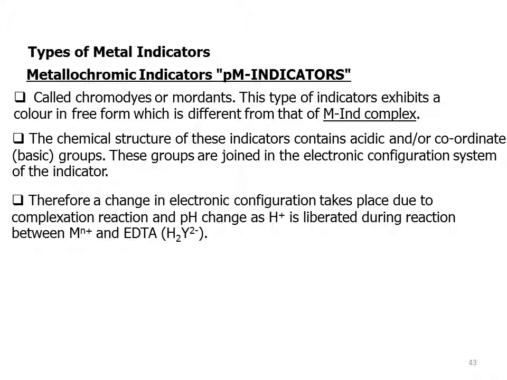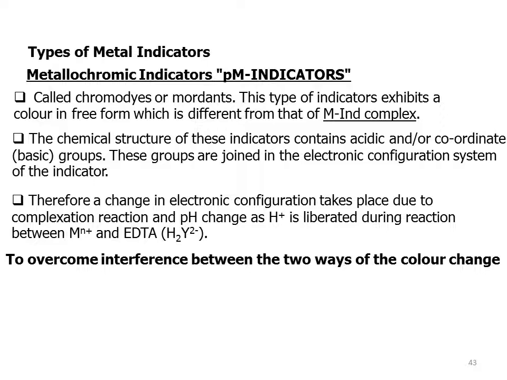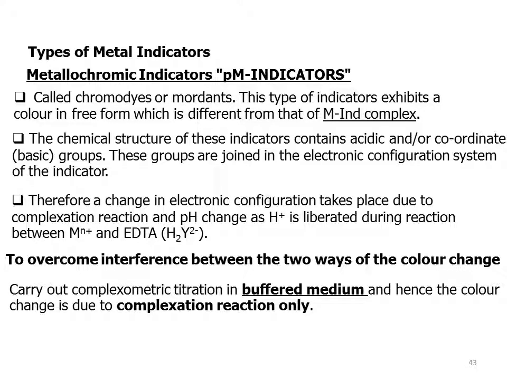with a pH change. Well, if you can remember, the reaction between the central metal ion and the EDTA releases hydrogen, and hydrogen could change the pH of the medium. Therefore, it is very important to use a buffer or alkali in the complexometric titration.